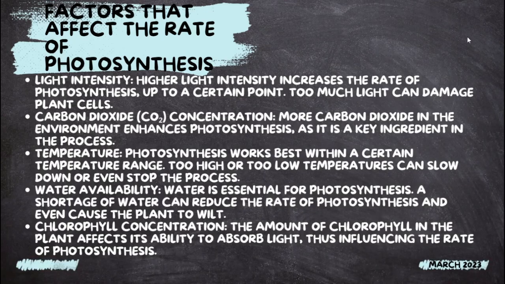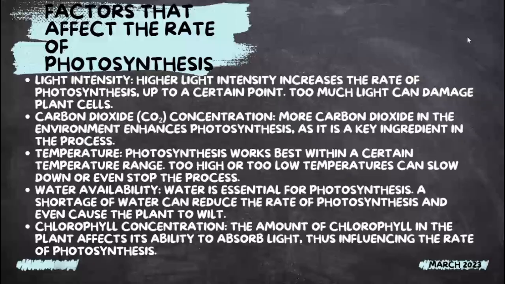If we follow the formula, we need carbon dioxide, water, sunlight, and chlorophyll present in order for photosynthesis to take place. Obviously light intensity: the higher the light intensity, the faster the rate of photosynthesis, up to a certain point. But too much light can actually damage the plant cells.